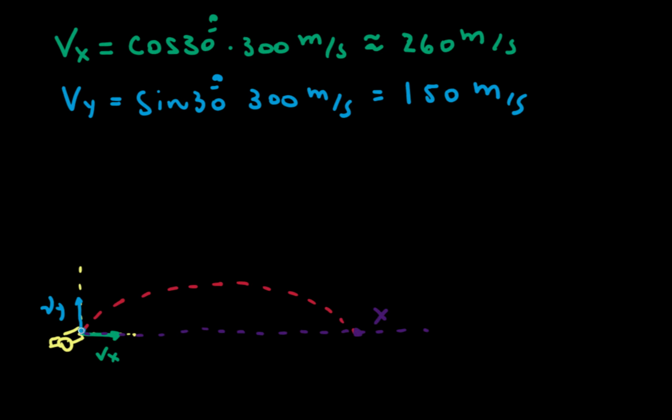The distance between this point and this point is what we call range, if we adopt this point to be the 0, 0 of the coordinate axis. Then this point will be the x0 component of the axis, and this here is what we call range.